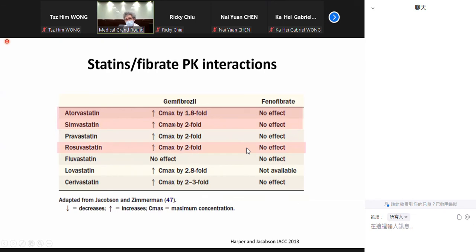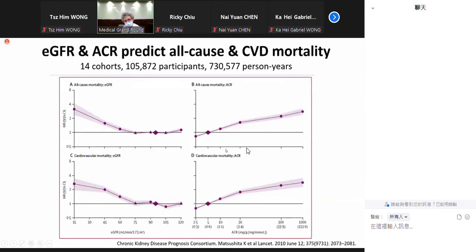So next time when you give a statin, and these people have very high triglyceride and you really do need to give them a fibrate, you have to watch the kidney function and cut the dose accordingly. These are really important because of the potential adverse effect of rhabdomyolysis.